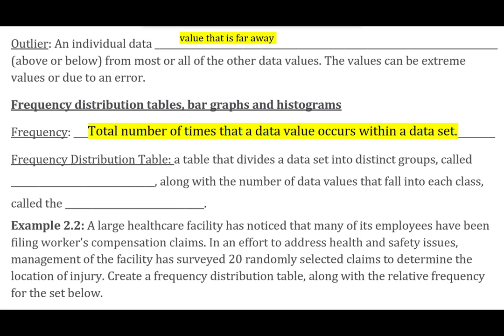And a frequency distribution table is a table that divides a data set into distinct groups called classes, along with the number of data values that fall into each class, called the frequency.